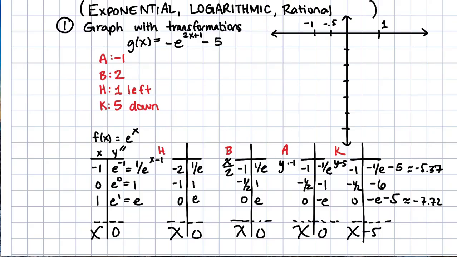We need just a little bit more room off the bottom, but I think that'll fit. Okay, so negative 1, we're at negative 5.37, so 1, 2, 3, 4, 5, and about a third. About there. And then negative a half, negative 6, about there, and then 0, negative 7 and 3/4, so about there.